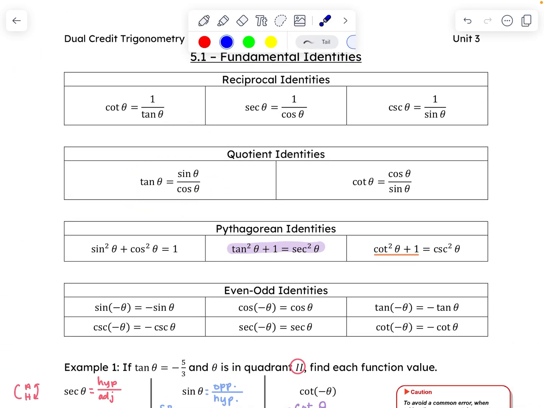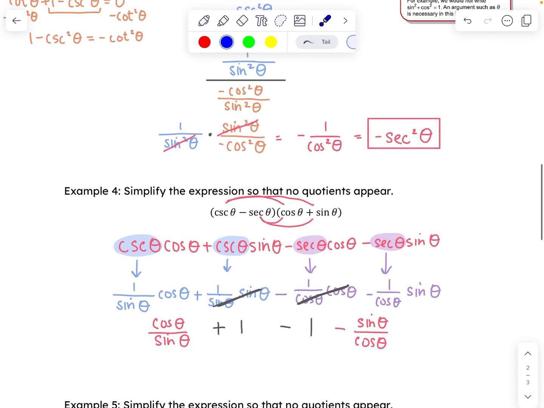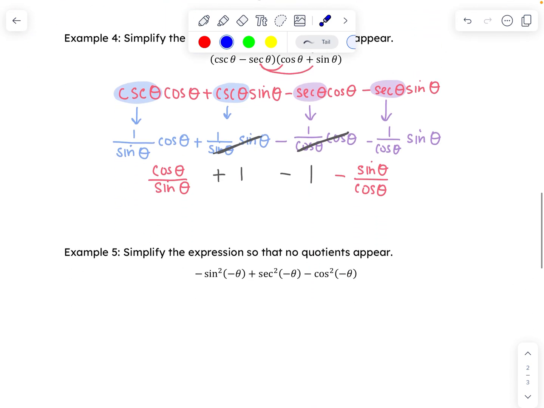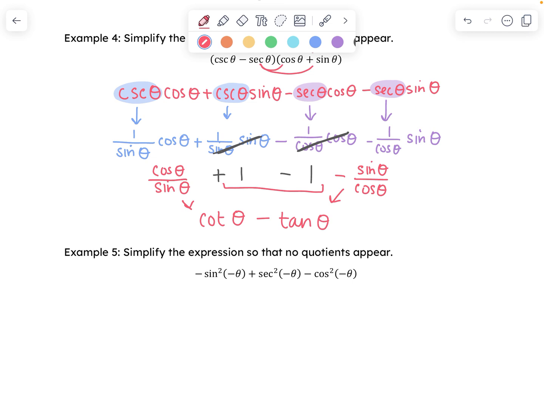One of them is tangent and one of them is cotangent. So we can come back down here. The plus 1 and minus 1 cancel out super nicely. Cosine over sine is going to give me cotangent theta minus, and then sine over cosine is tangent theta.